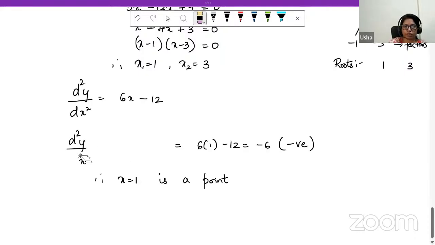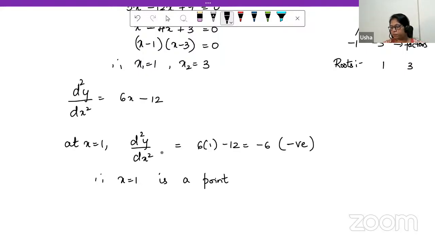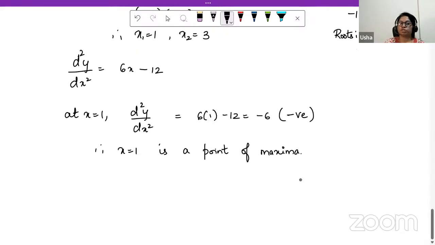You can write it like this: at x equals 1, d square y by dx square is negative, so it is a point of maxima. Now that you got this as a point of maxima, you should not assume the other point is a point of minima.